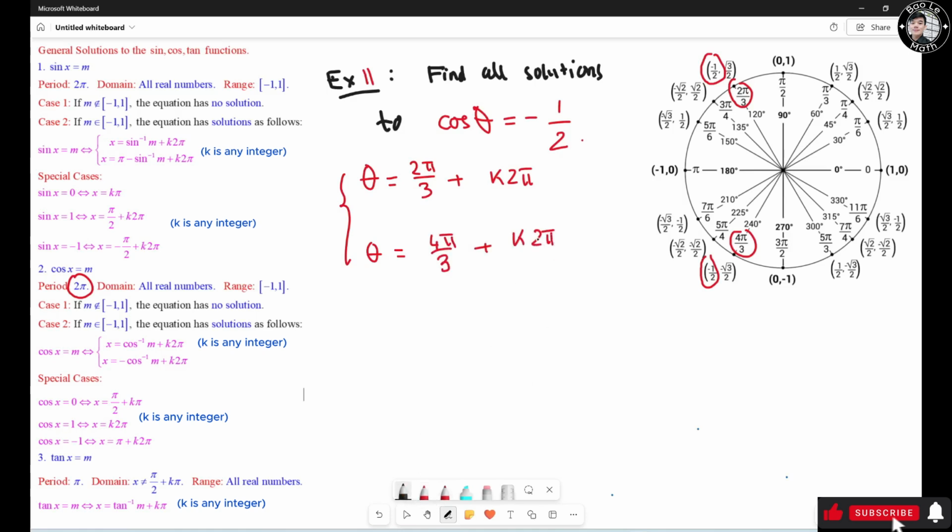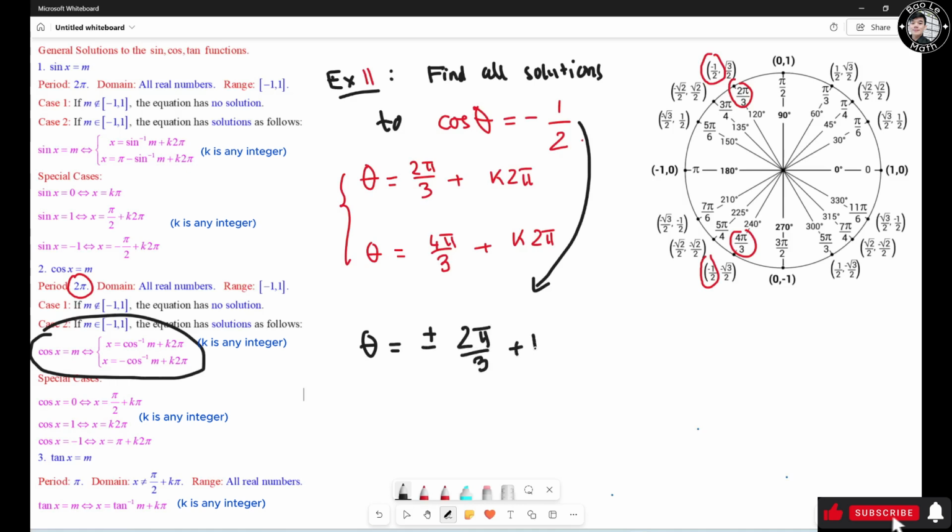Now, the second way to do this one is you use the formula right here. So you have theta equals plus and minus 2 pi over 3 plus k 2 pi. 4 pi over 3 is technically negative 2 pi over 3 if you go clockwise.